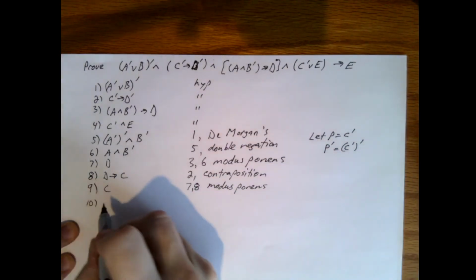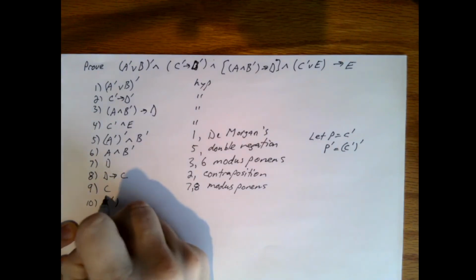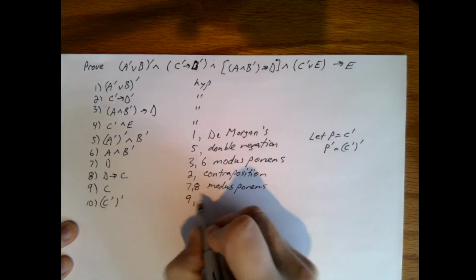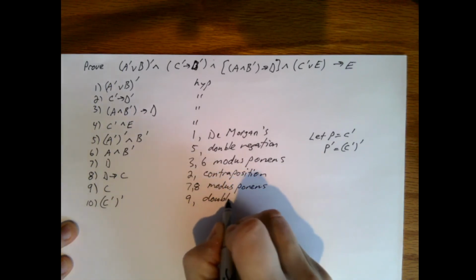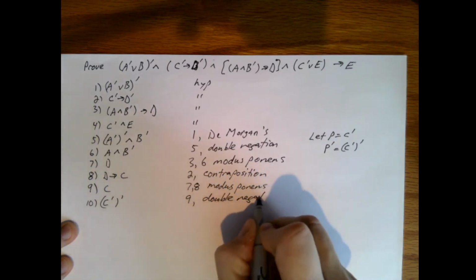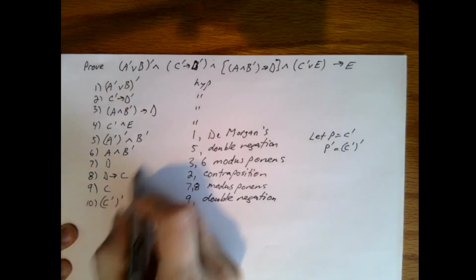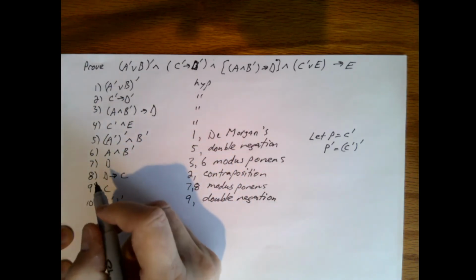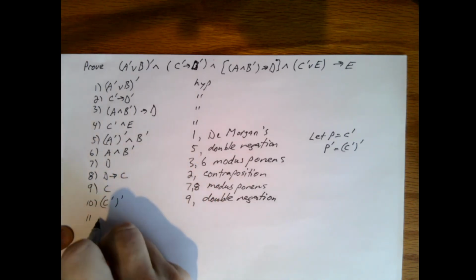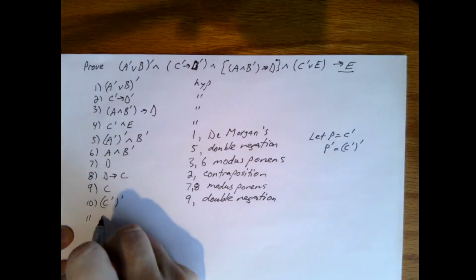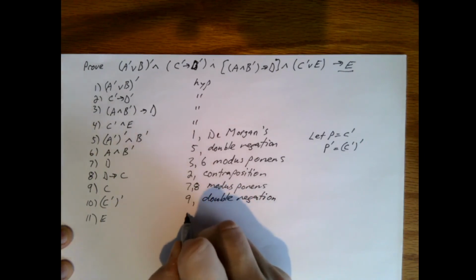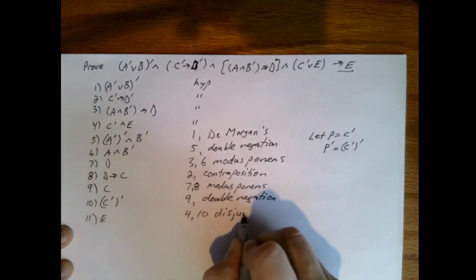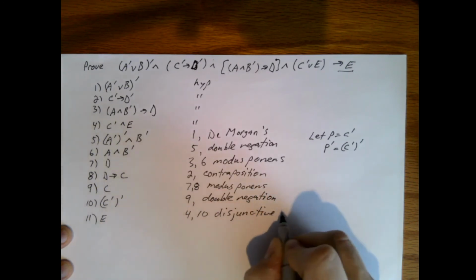So I'm just going to do that. So C not, which is equal to C. This uses 9 and double negation. And that allows me then to match the pattern exactly. So 10 and 4 allow me to get my E. So 4, 10 via disjunctive syllogism.